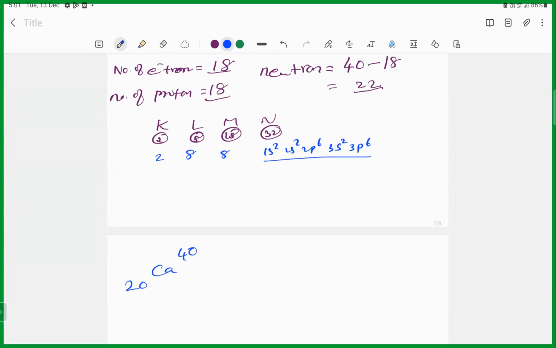Sir, proton is 20, electron is 20, and also neutron is 20, sir.